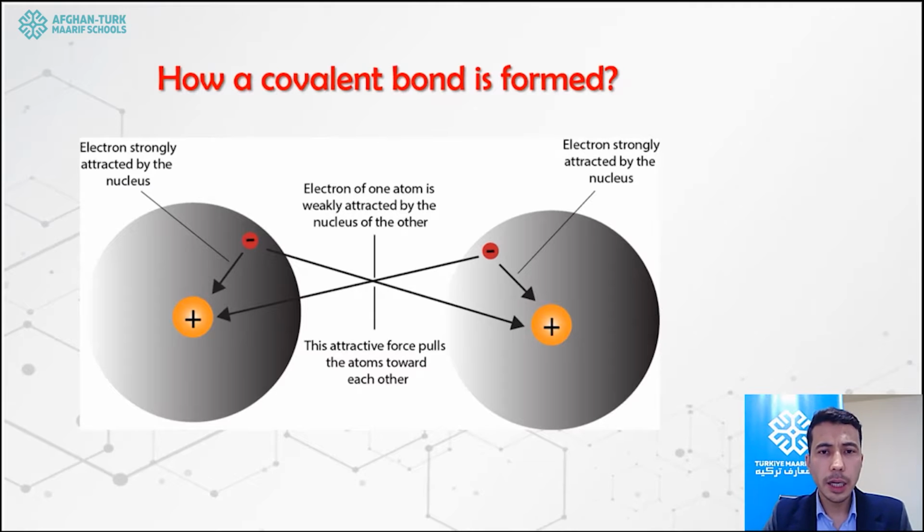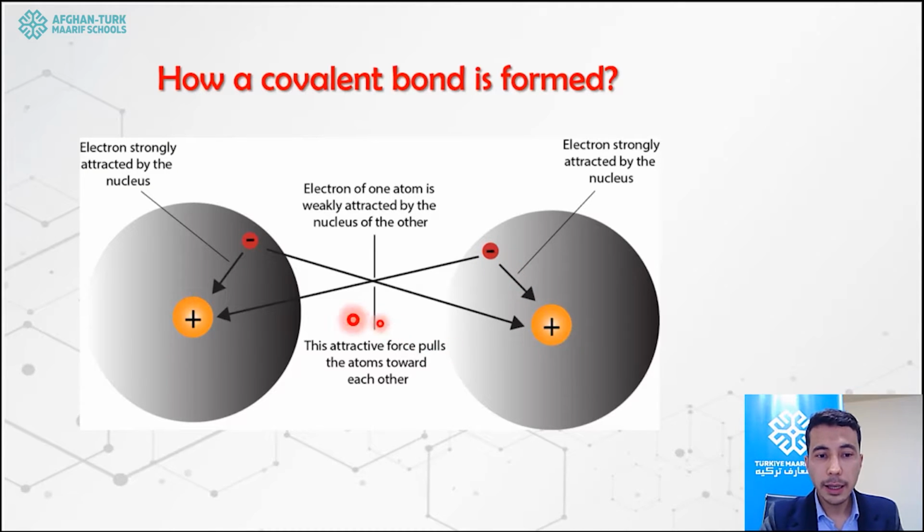You can see 2 hydrogen atoms over here. The red dots are electrons and the yellow ones are the nucleus of each hydrogen. You can see that in this part, this electron is attracted by its own nucleus with a strong attraction force. And in this one, this electron is attracted by its nucleus with strong attraction force.